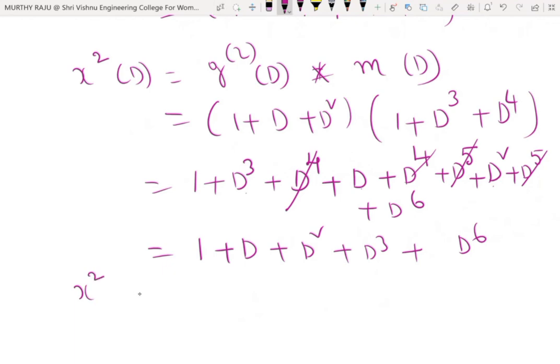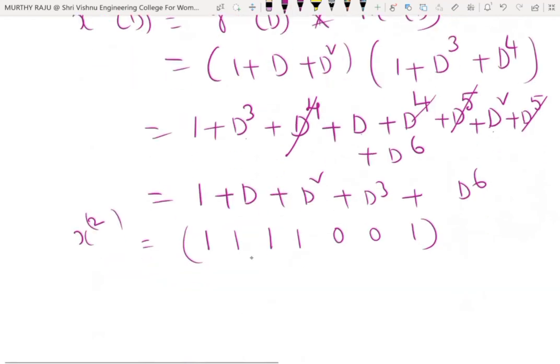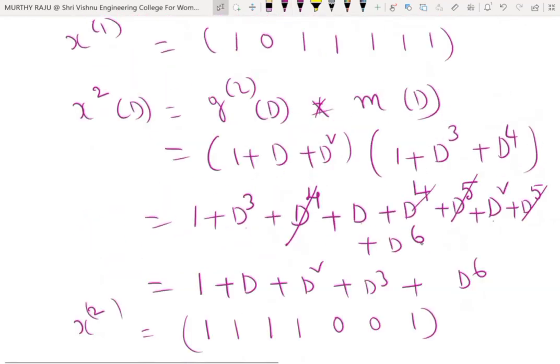Output vector code word: 1 into d power 0, d power 1 term is there, d square is 1, d cube 1, 4 and 5 are absent, 6 is 1. Therefore, x of 2 is 1, 1, 1, 1, 0, 0, 1.